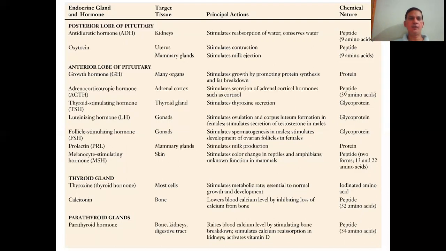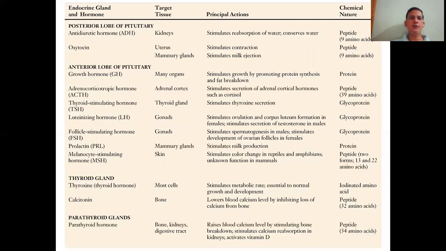This anterior lobe secretes a wide variety of hormones. The first one is the growth hormone. It targets many organs. It stimulates growth by promoting protein synthesis and fat breakdown. This particular growth hormone is also a protein.